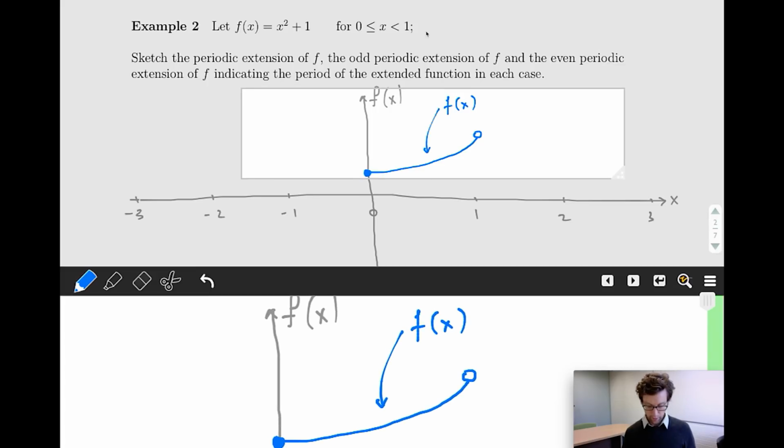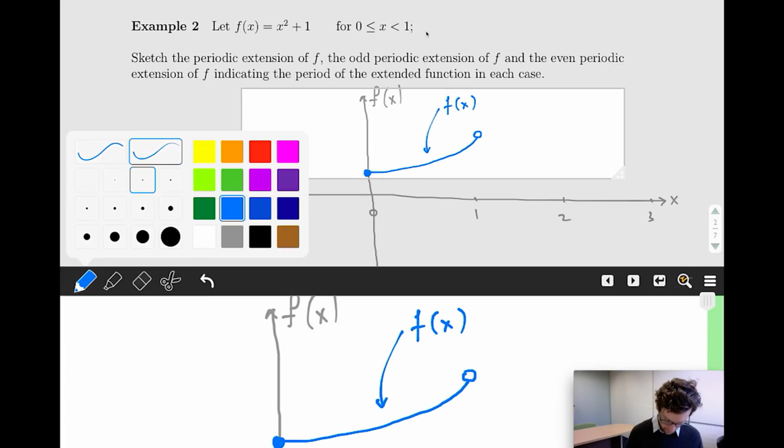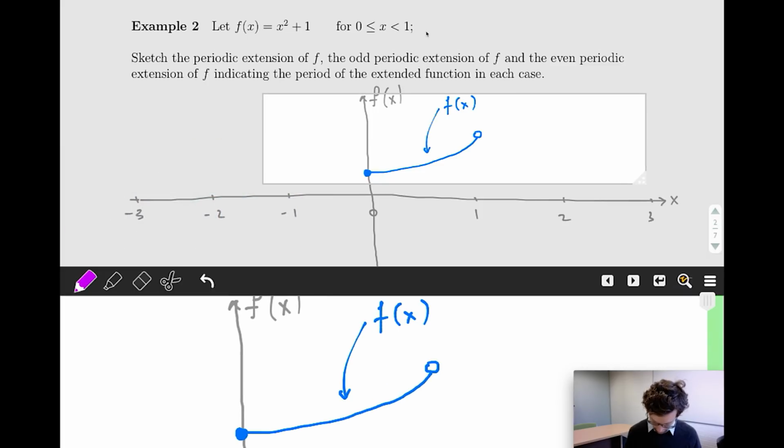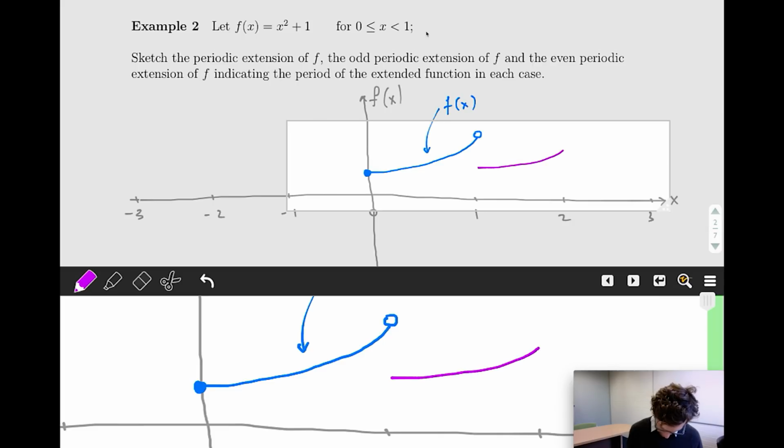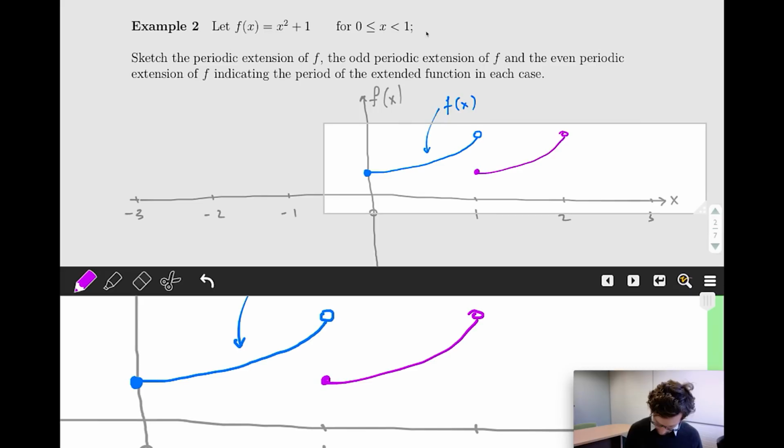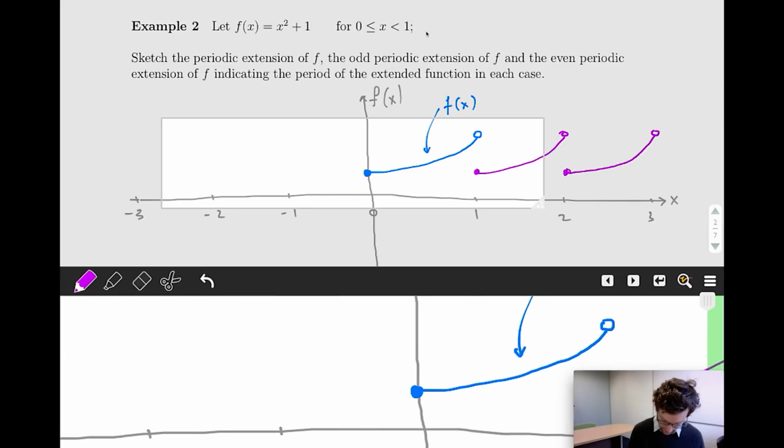So we're going to create the periodic extension of this just by copying and pasting it. Again, I'll use purple for that. And you can see that the period of this is going to be given by the size of my original function, the interval over which it was defined. So it's just going to be a period of 1.